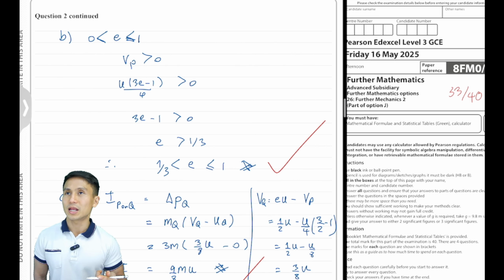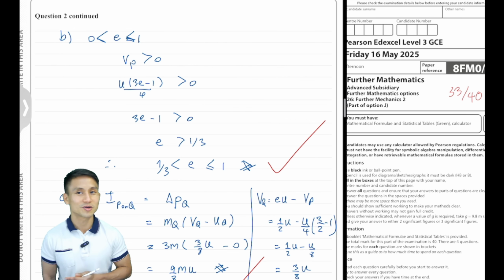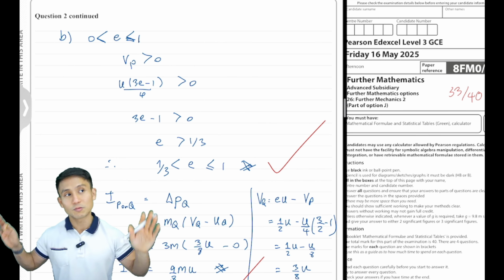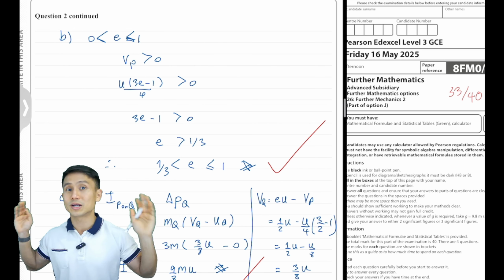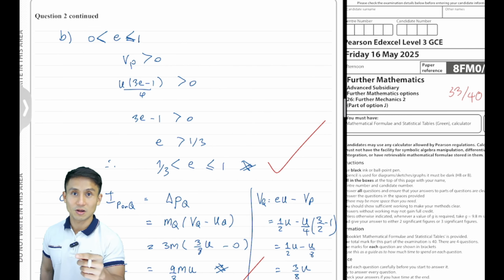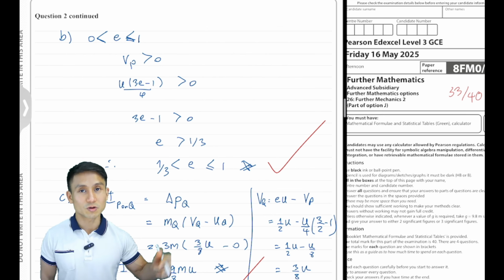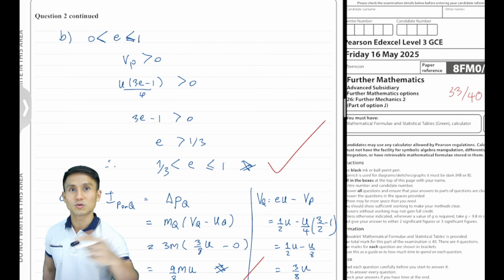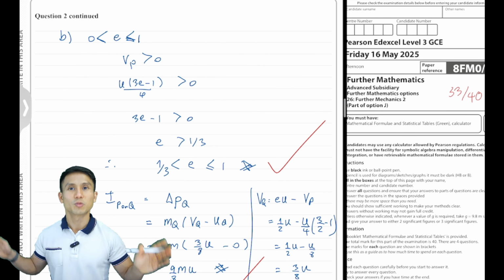Because that would mean that you get more energy than before collision, which is impossible. In a closed system or a collision where there is no external resultant force, that's Newton's third law. When there is no external resultant force, the action equals reaction. Or hang on, its total momentum is conserved.